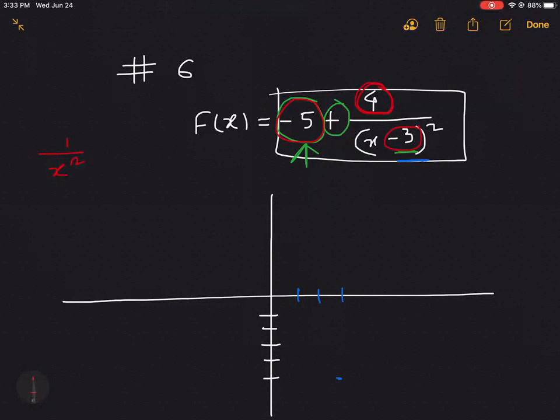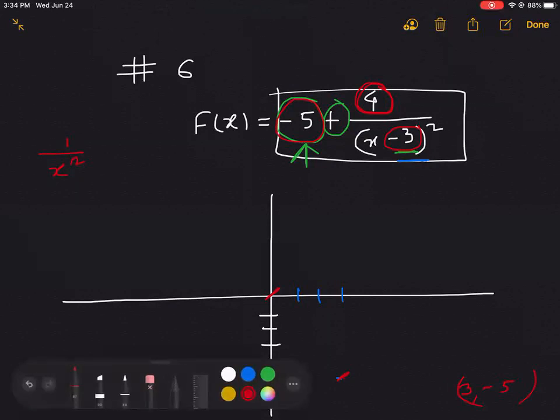So instead of 0, 0, now my new origin will be at 3, negative 5. Okay, so I'll have a graph like this.